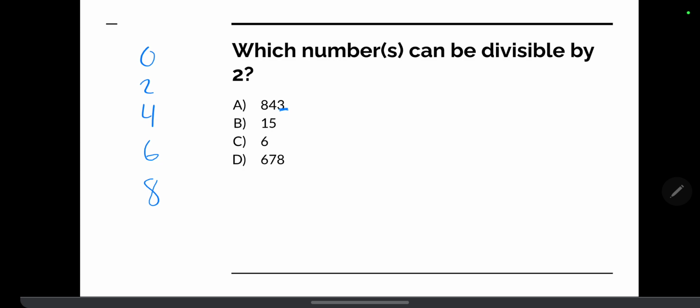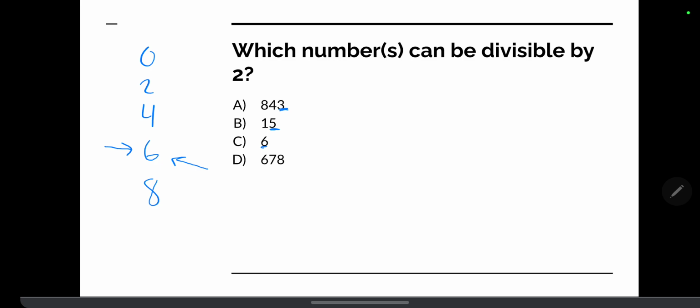All right, look at B, 15. It is not an even number because the ones place does not consist of a 0, 2, 4, 6, or 8. All right, let's look at C. I have 6. 6 is an even number, so this is definitely divisible by 2.